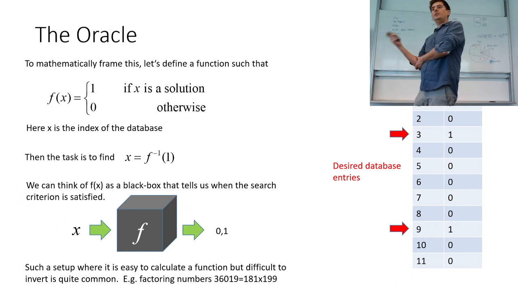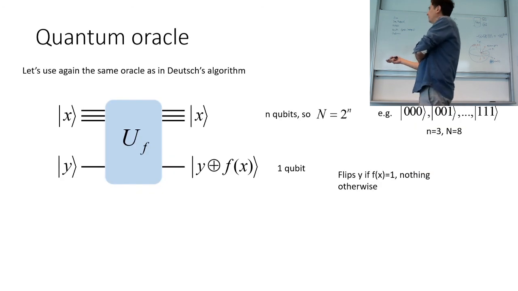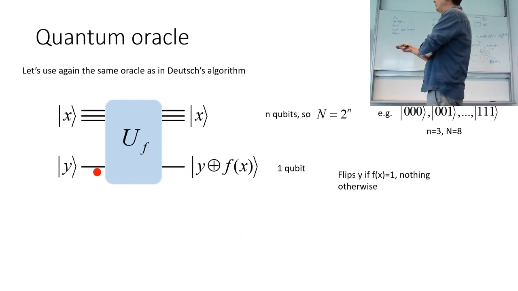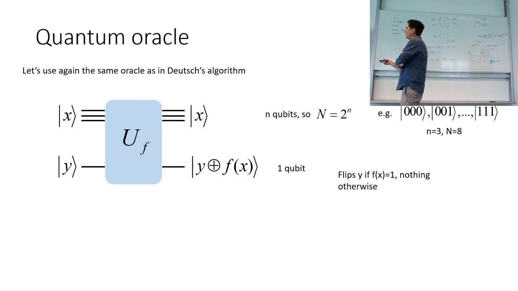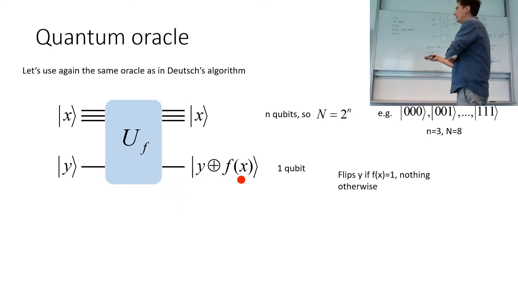But the output is only 0 or 1. So the output only needs 1 qubit, because it's only 0 or 1. And we're going to encode it like this, so that whatever this y was, we just add f of x to y modulo 2.